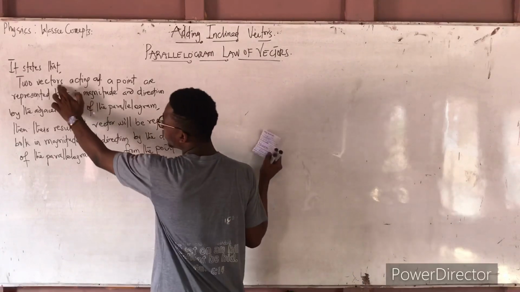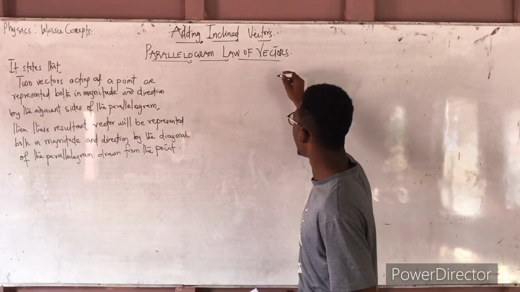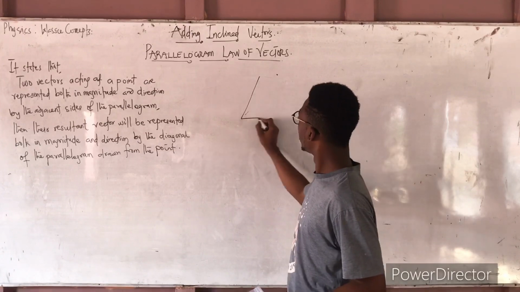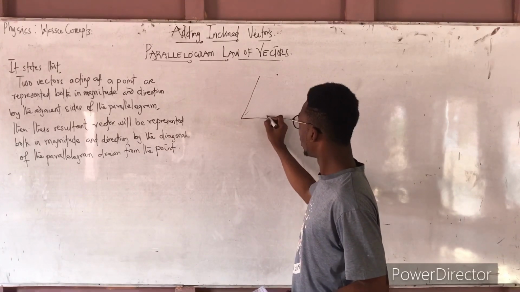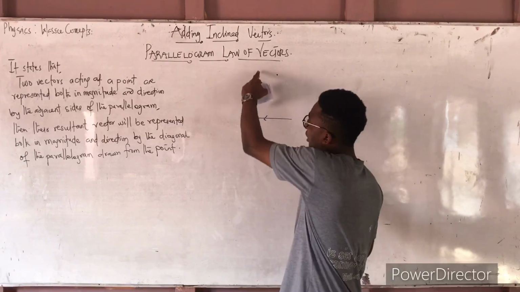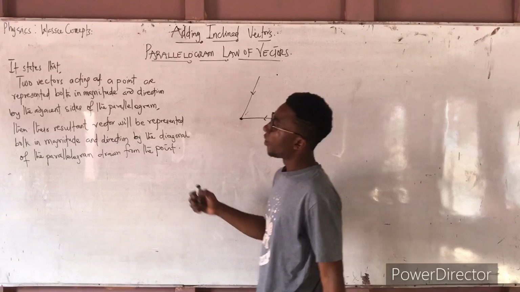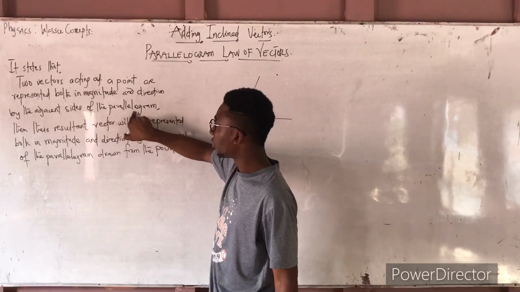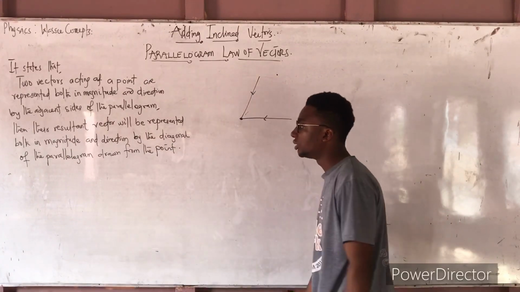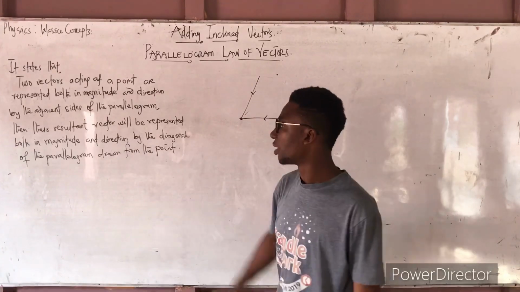The law states that if you have two vectors acting at a point, which are inclined to each other, and are represented both in magnitude and in direction by adjacent sides of a parallelogram, their resultant vector will be represented both in magnitude and direction by the diagonal of the parallelogram drawn from the point.